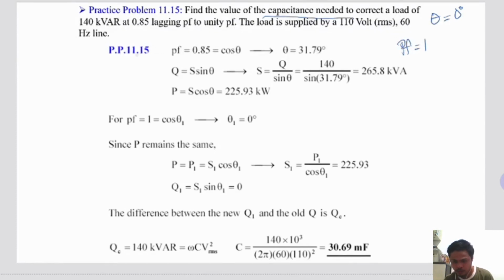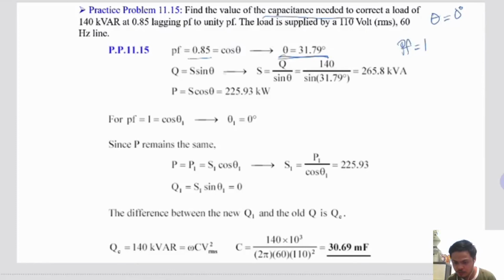So you need to determine the power and the angle of the system. Here the angle, converting 0.85, is 31.79 degrees.